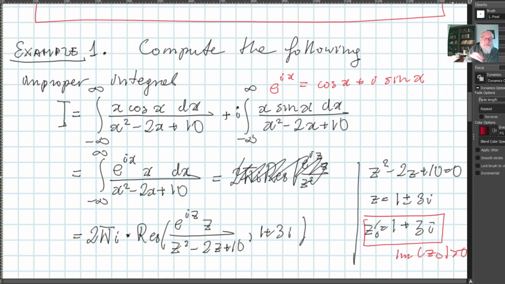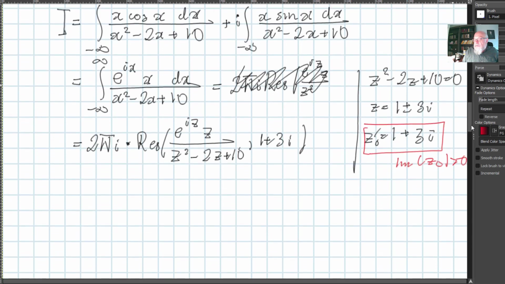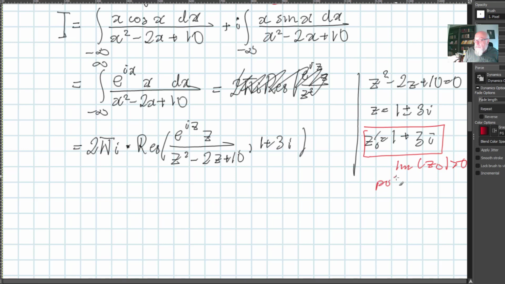And you, of course, notice that this is a pole of order 1, meaning a simple pole.